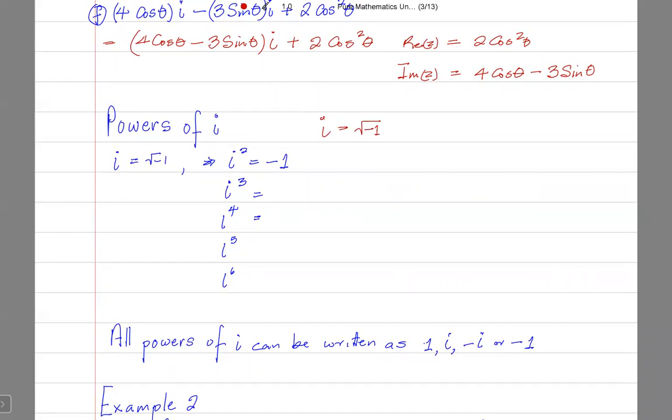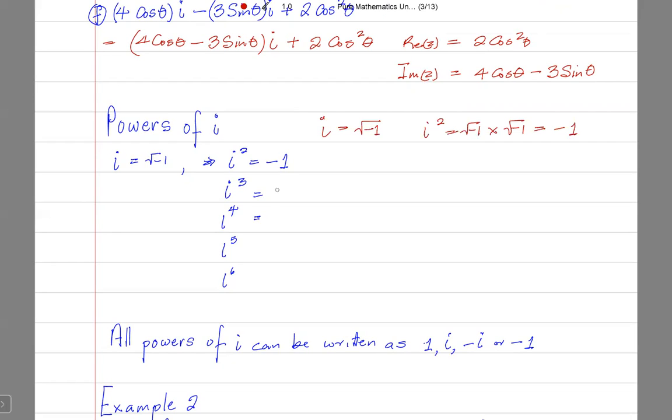So i squared would be the root of -1 squared. i squared would be root -1 times the root of -1. And if you remember anything from surds, root -1 times root -1 is equal to -1. So i squared would be equal to -1.